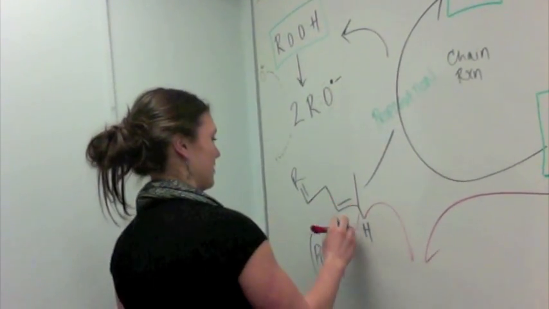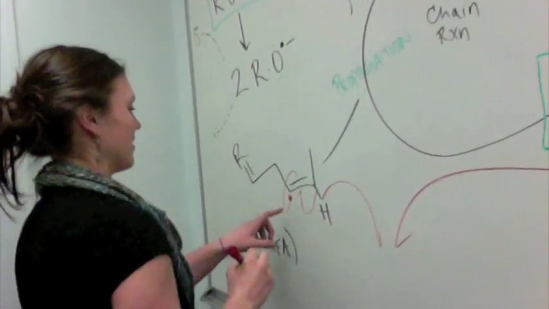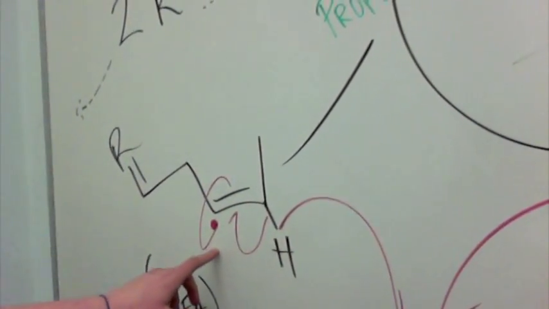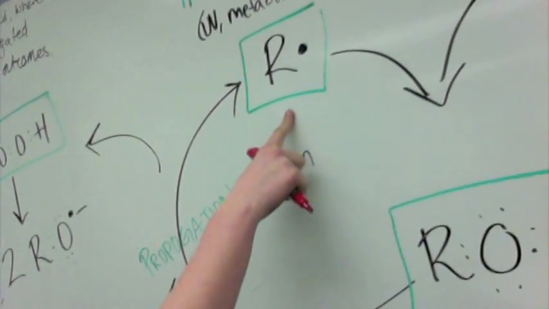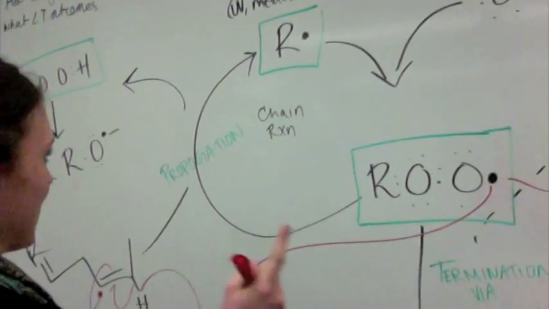The double bonds shift, and that creates another carbon-based radical like we saw up here at the beginning, and the cycle propagates itself.